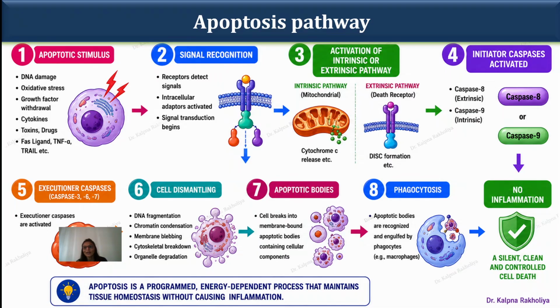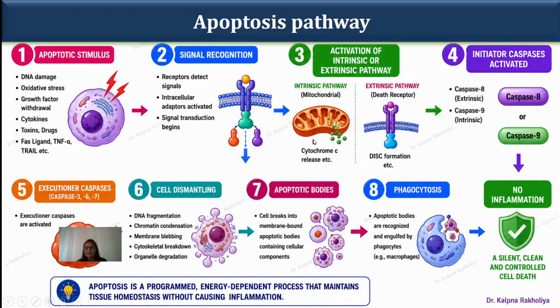One activates caspase 8 and the other activates caspase 9, and both pathways ultimately lead to initiator caspase activation, which in turn activates the executor caspases. These executor caspases are 3, 6, 7.